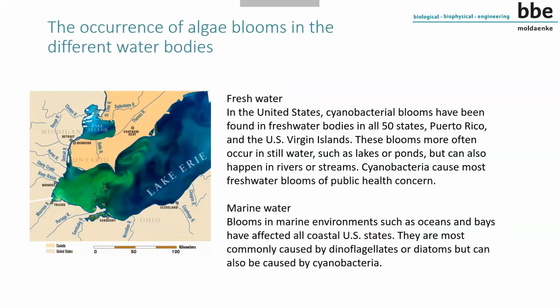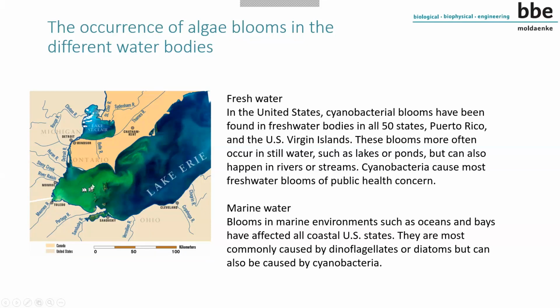What we see here is Lake Erie in the US, the largest freshwater reservoir. On the left side, this picture is from 2014. You can see there is an upcoming bloom. This is the green color you can see from satellite. And you can see that these blooms are spreading more and more.